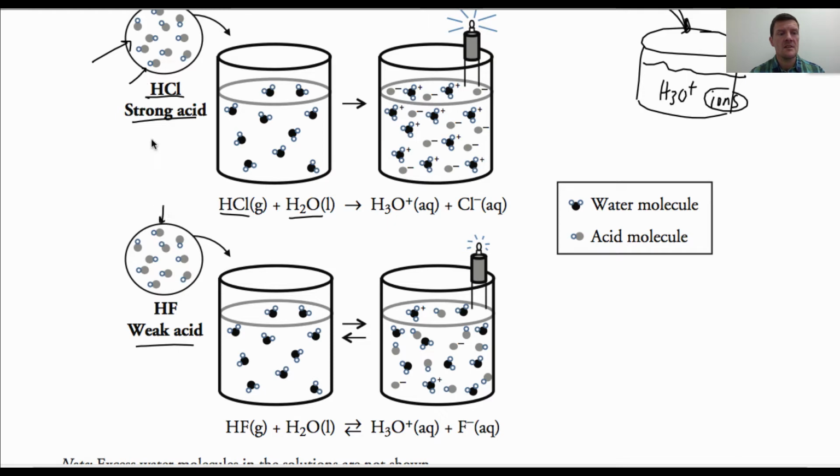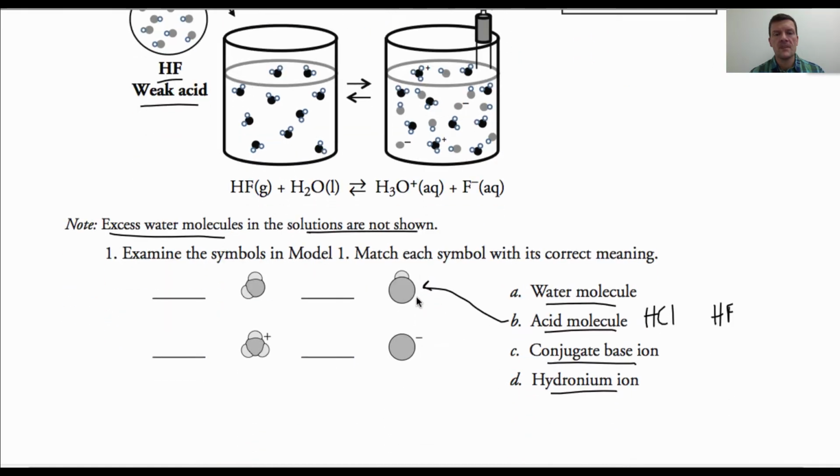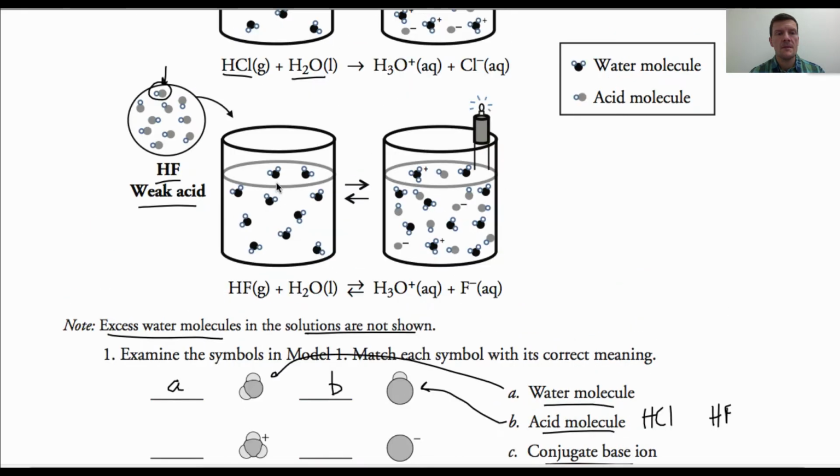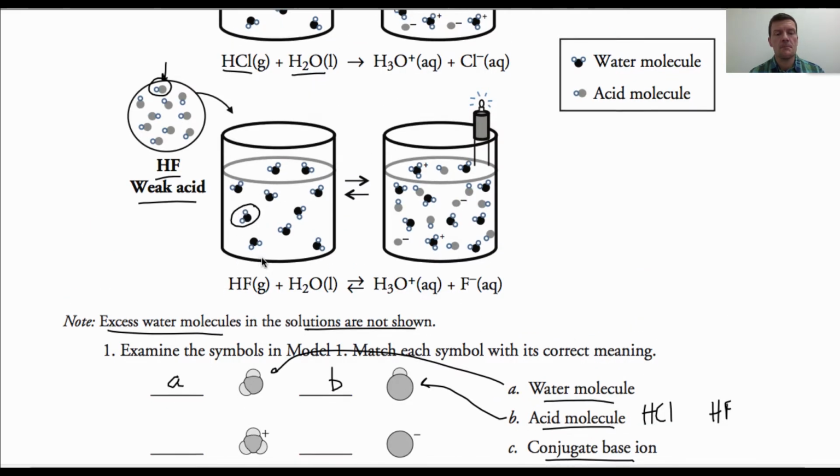Okay? Even though they look the same, this is HCl and this is HF, but the model is showing us that this is going to be our acid. Our water molecule is going to be this one. Looks like Mickey Mouse ears here. There's your water molecules in there.